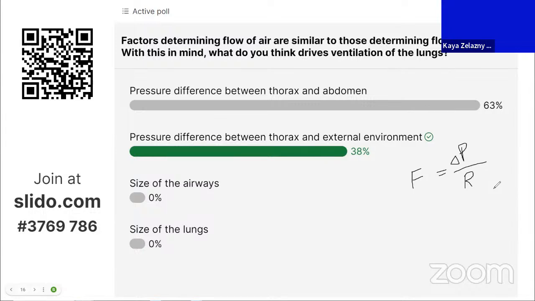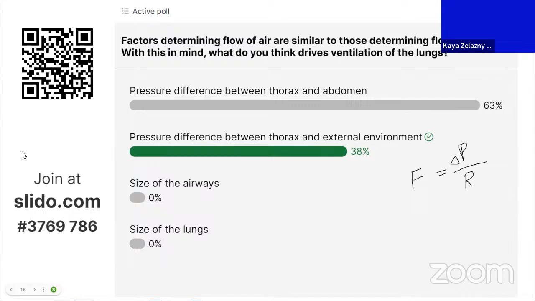And then when we start to think about things like asthma, right? When we start to think about things that are going to make it harder or easier to breathe, we're going to be thinking about that resistance, right? So we're going to be thinking about changing the behavior of those walls of our airways, our pathways. Okay.